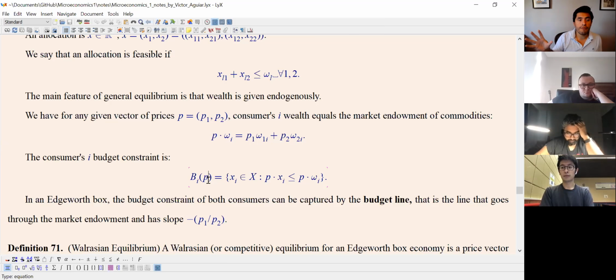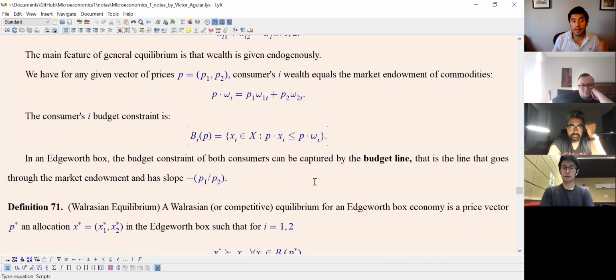Mas-Colell omits omega from everything, but omega is in fact a parameter here, okay? So this budget set of individual I, fixing omega, is basically this inequality given this vector. Everyone understands that now income is endogenous. The new parameter is the endowment. So now for each price, I get a different income.